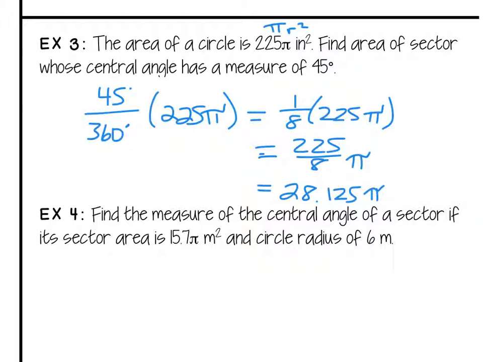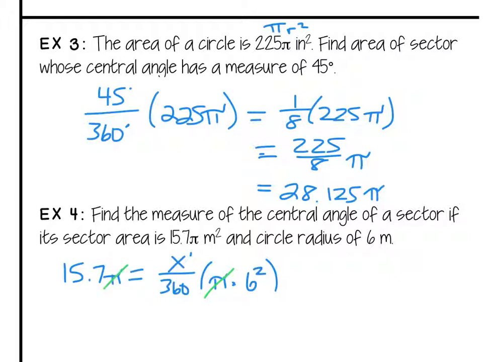Find the measure of the central angle of a sector if its sector area is 15.7 pi meters squared and the circle is radius of 6. So my sector area equals my degrees, which I don't know, out of 360 times pi r squared, and my r is 36. So once again, we have pi on both sides, so those can cancel.